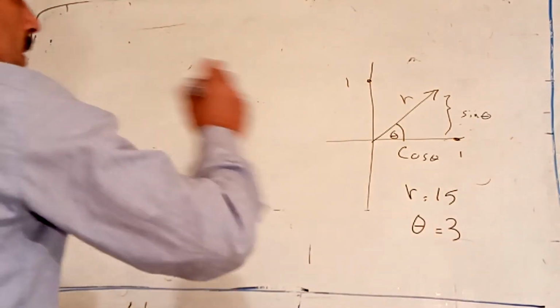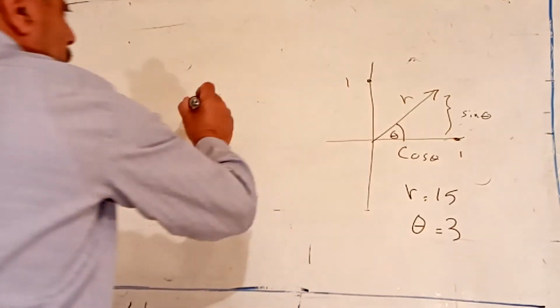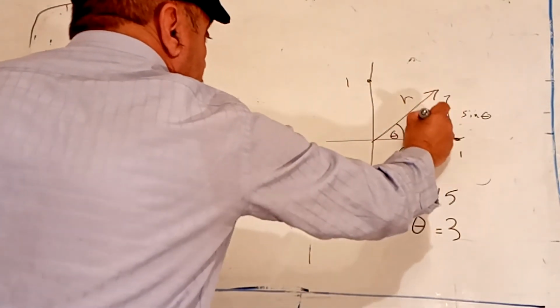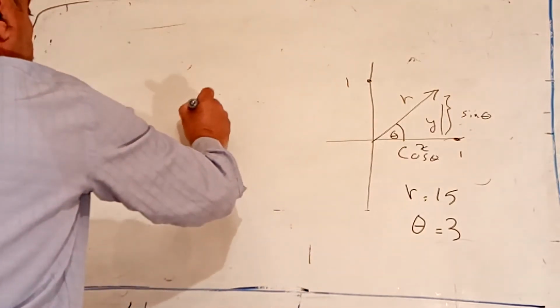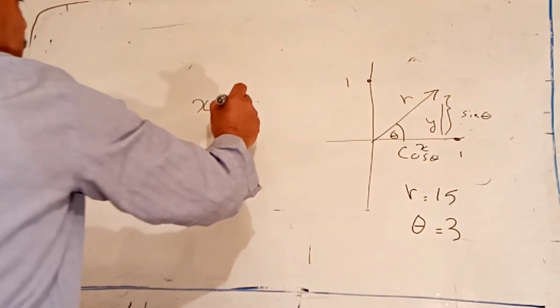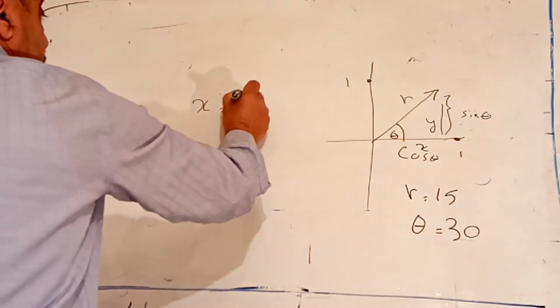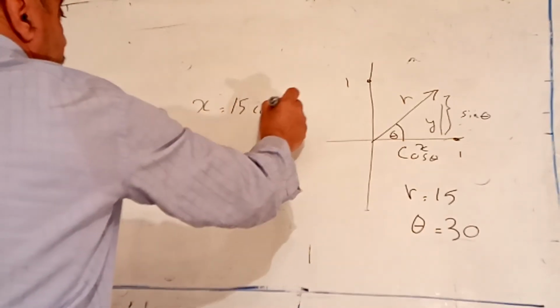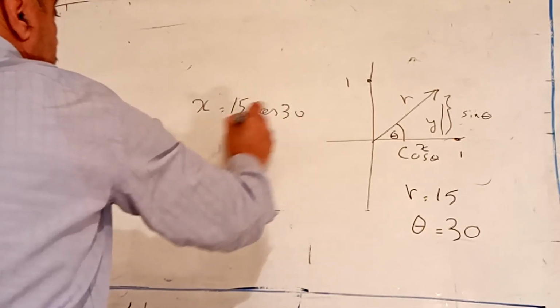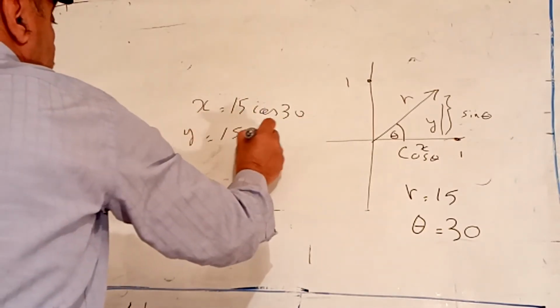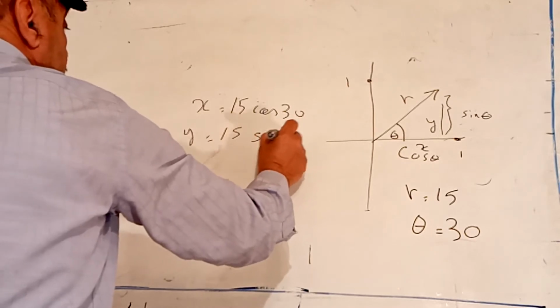We have this x and this is y. You know that we had that before. x equal to 15 cosine 30, and y equal 15 sine 30.